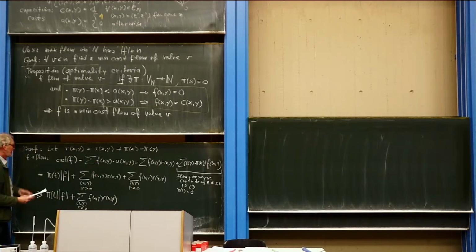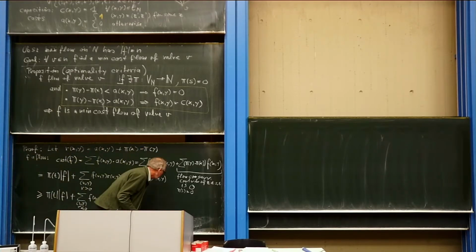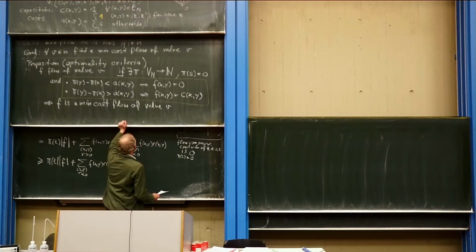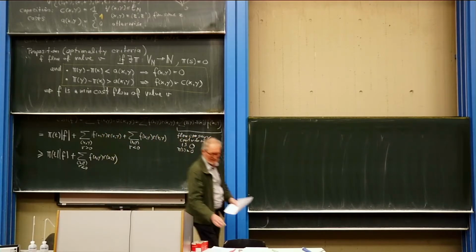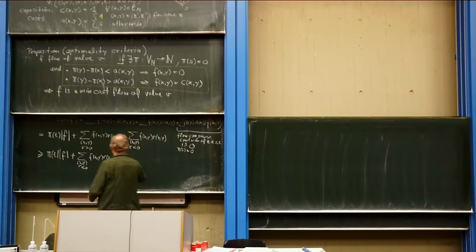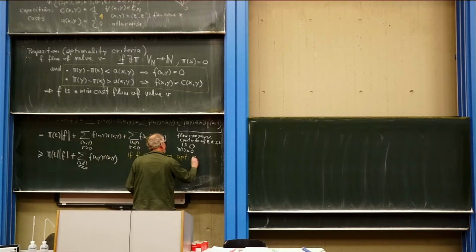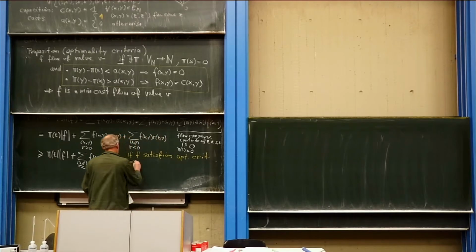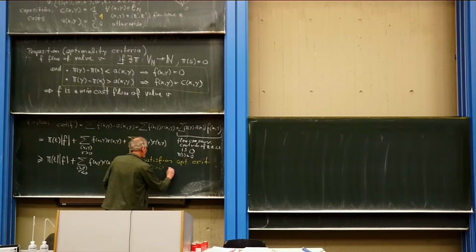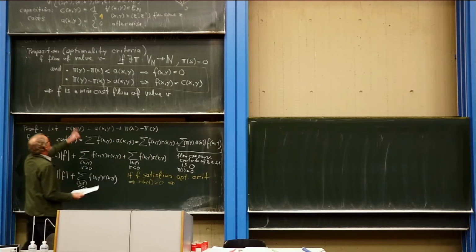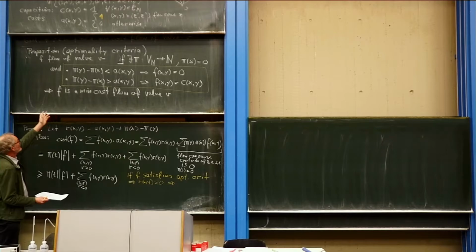But now we come to the crucial observations. If f satisfies the optimality criteria, then if r_xy is greater than 0, this means that the flow is 0.